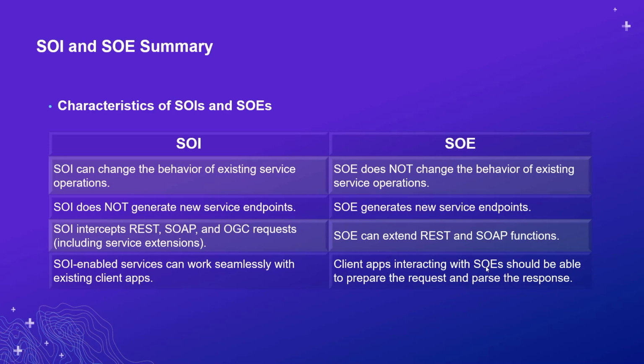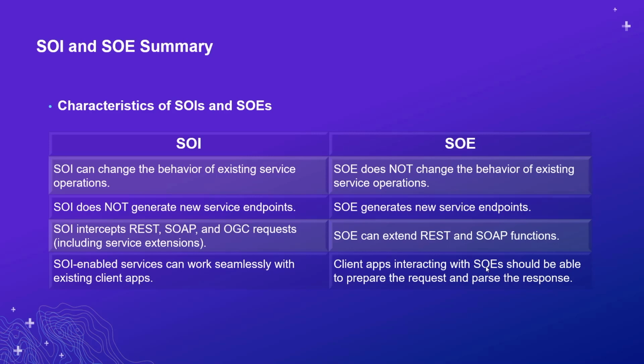In terms of SOIs, they can intercept REST, SOAP, and OGC requests. OGC requests are sent for WMS, WFS, and WCS services. Those services are service extensions of a map service, and other service extensions of a map service can also be intercepted by the SOI, such as feature service.